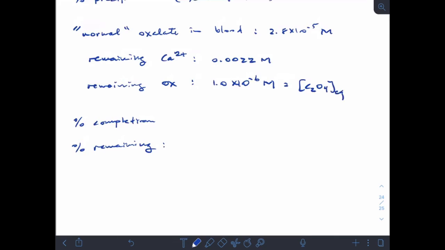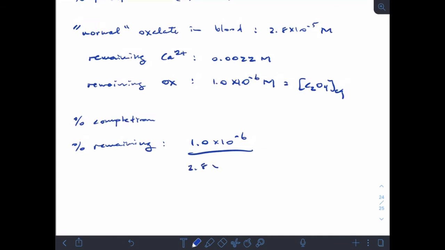Right, so percent remaining: 1.0 times 10 to the minus 6 divided by what we started with, times 100, means that we have 3.6% remaining.